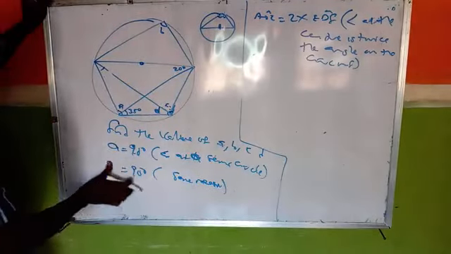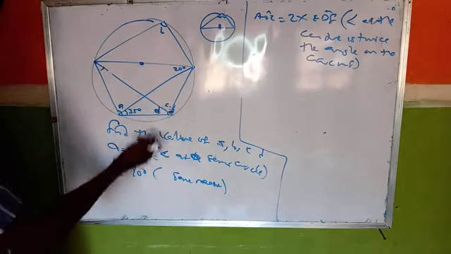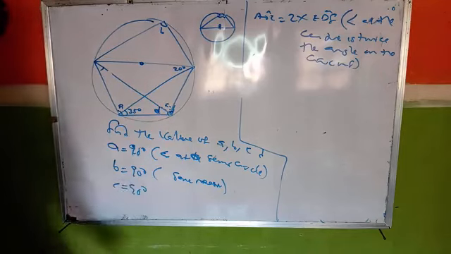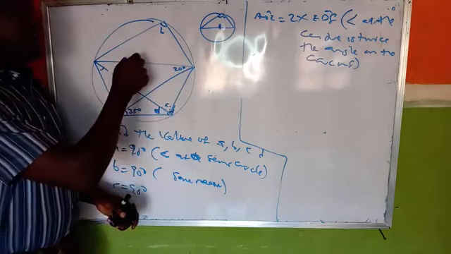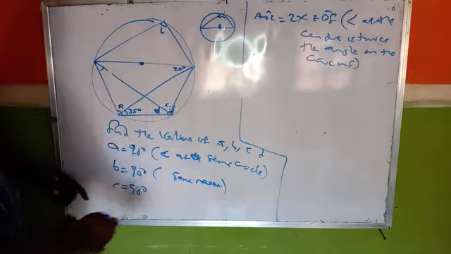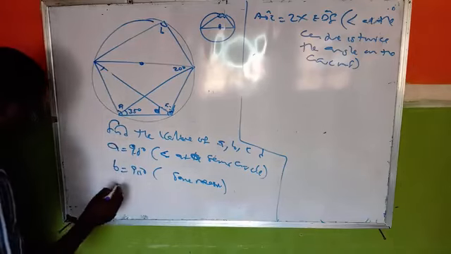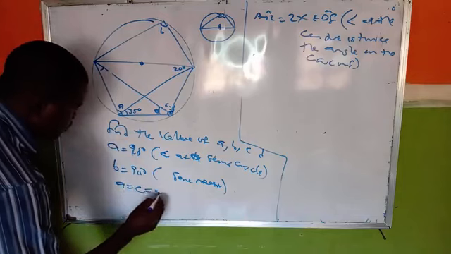Again, look at C. C, as I said the other time, is 90 degrees. As I told you the other time, it is angle at the semicircle, or you can say it's angle at the same segment. So let me change it now and say that A equal to D to C, which is equal to what? 90 degrees.